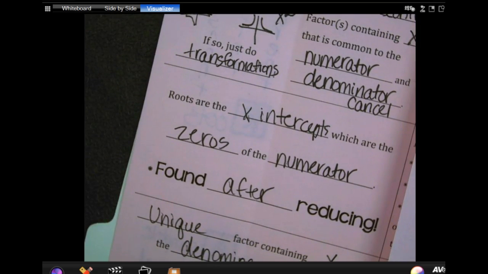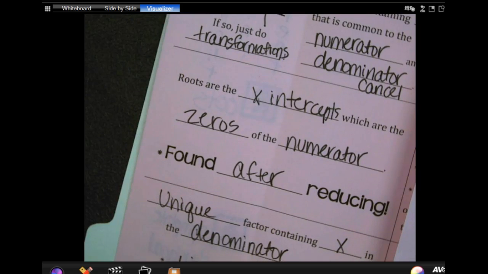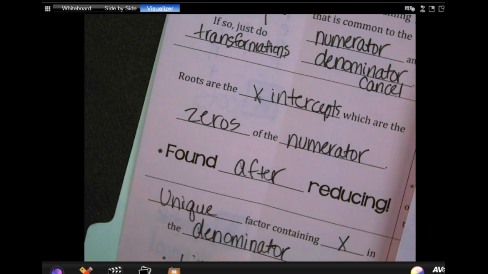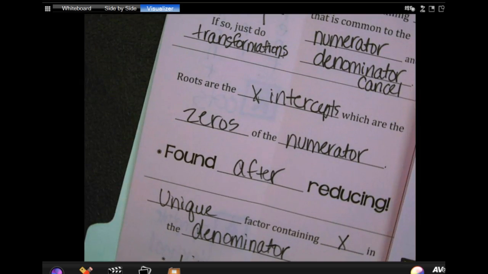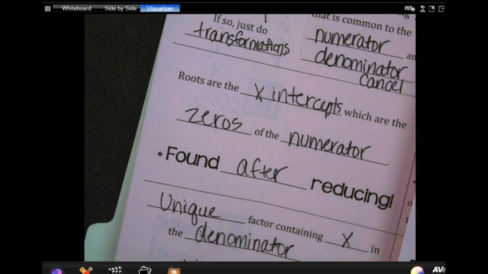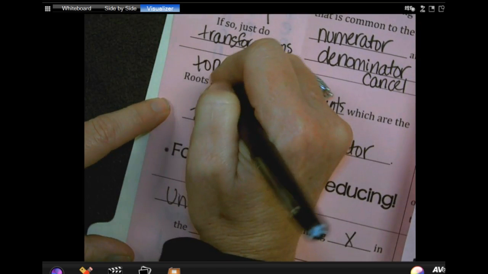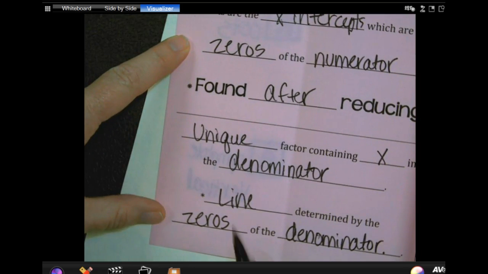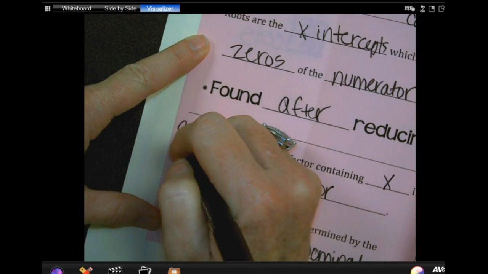It's a line determined by the zeros of the denominator. Okay, so basically the roots are on top, and the zeros are on bottom.